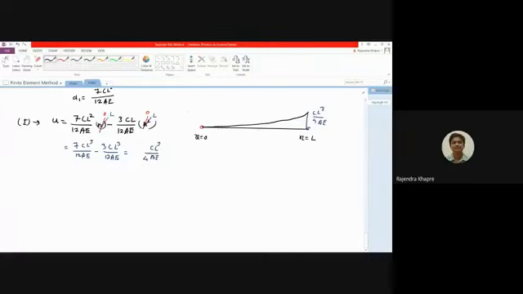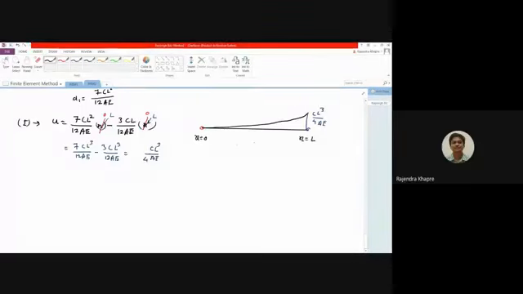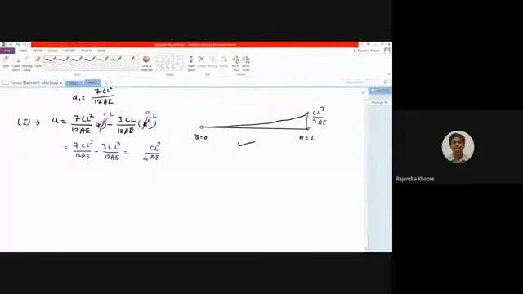At the support we have zero load, and as you move away from the support your load is continuously increasing. So accordingly the elongation will also increase proportionately. It will not be a straight line, it will be in the form of a curve only. So whatever displacement we are getting, we are getting it in the correct form.